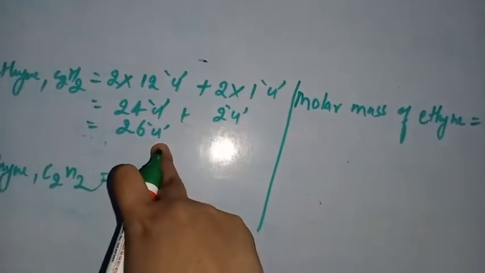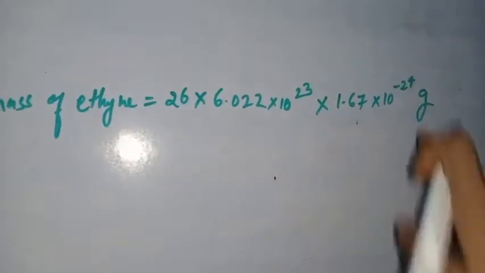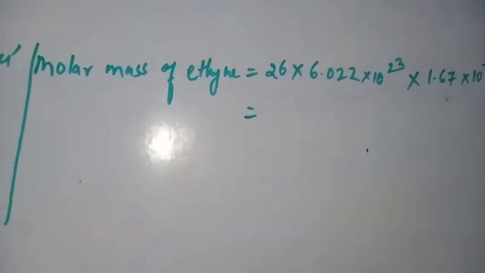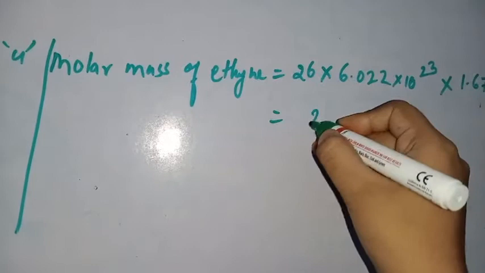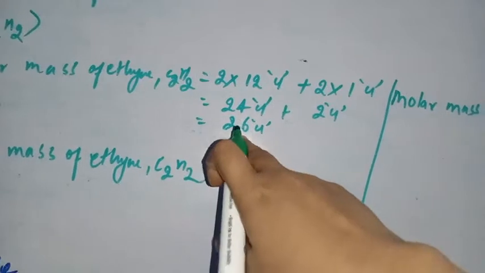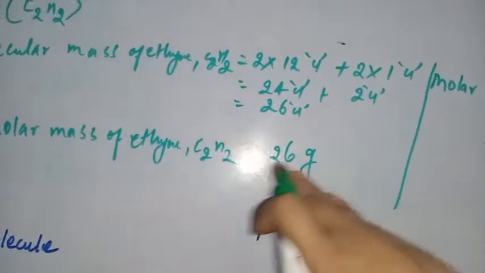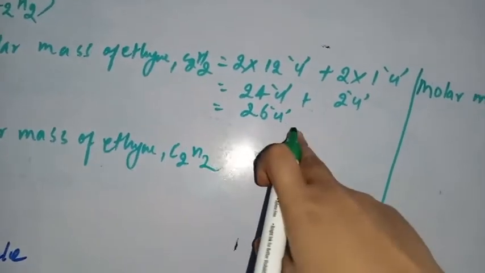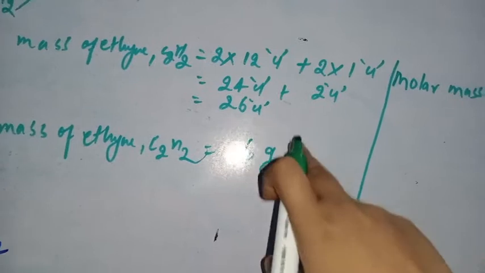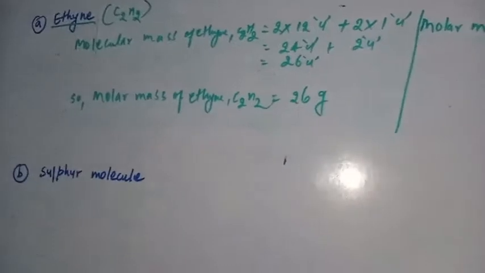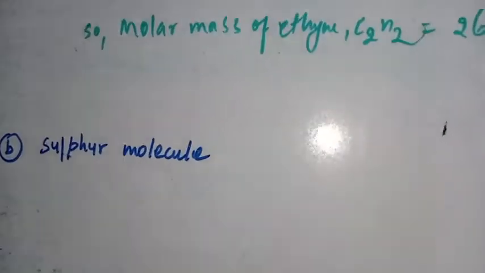To convert U into gram, we have to multiply it with 1.67 into 10 to power minus 24. When you calculate all this, you will get 26 gram. So from 26U, 26 gram is calculated by this method, but directly you can just show it by changing the unit U to gram. Likewise you can do for the other substances or molecules also.